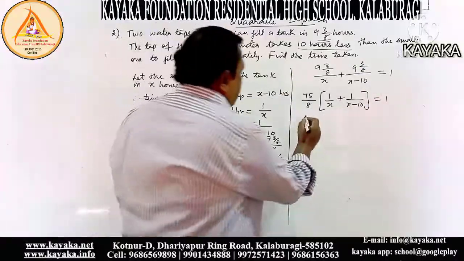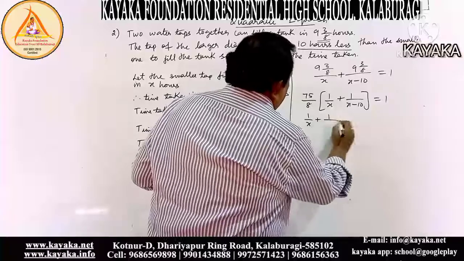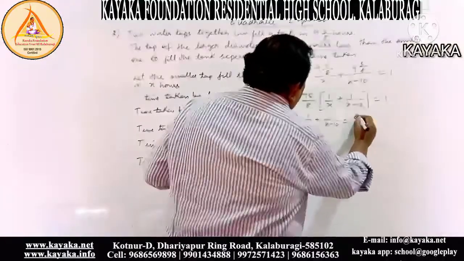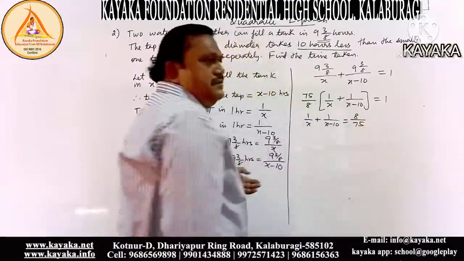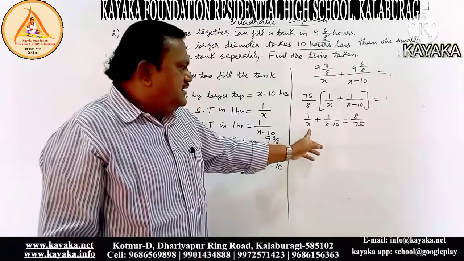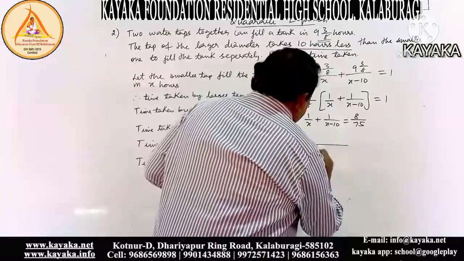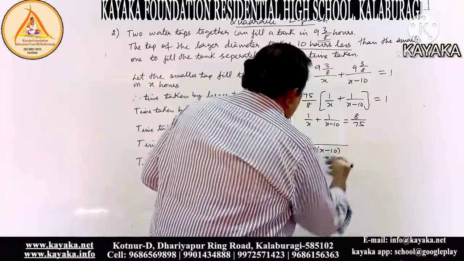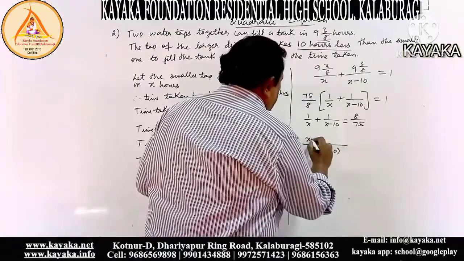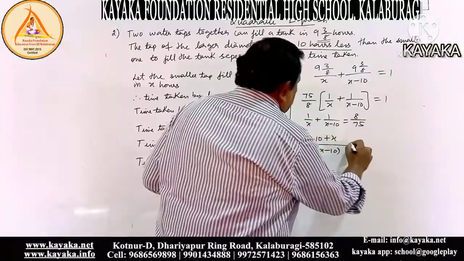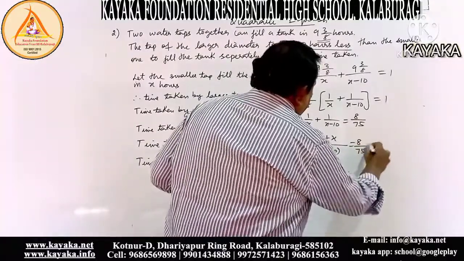You will get 1 by X plus 1 by X minus 10 will be equal to 8 by 75. Okay, now you have to take the LCM for the left hand side. Therefore, you will get x into x minus 10. You will get x minus 10 plus x will be equal to 8 by 75.